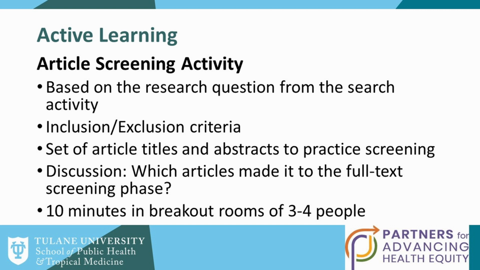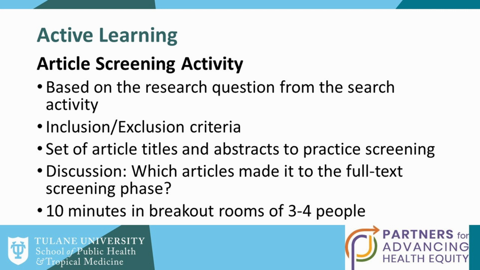We have an article screening activity, which is based on that research question from the search activity. And we've outlined inclusion exclusion criteria on this activity, and there's a set of articles and abstracts to practice this title abstract screening process.